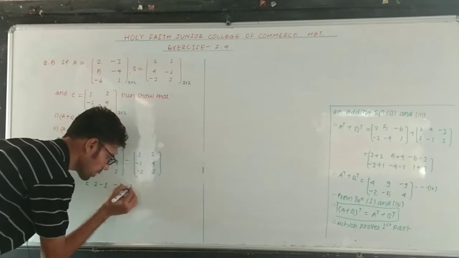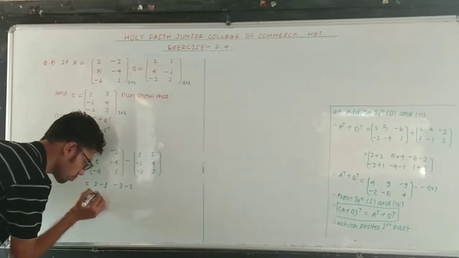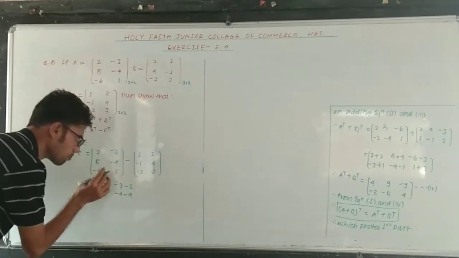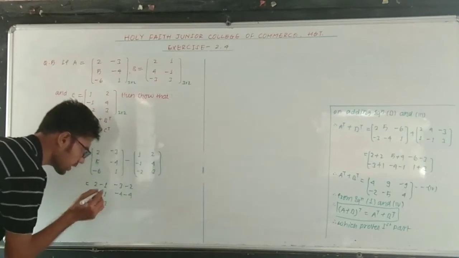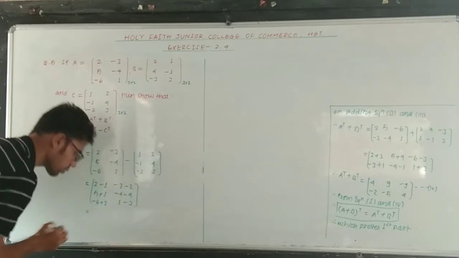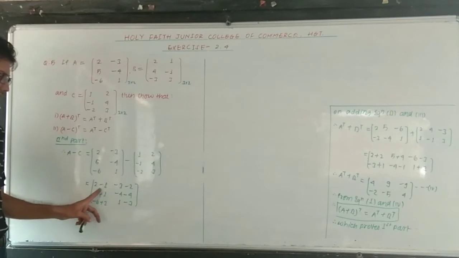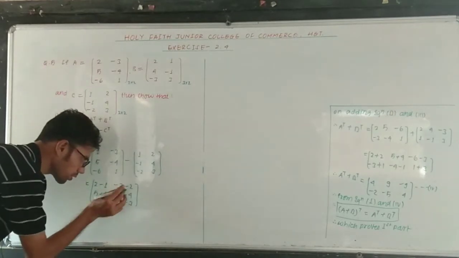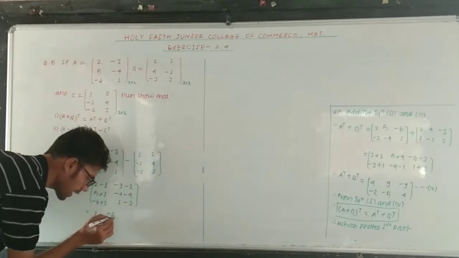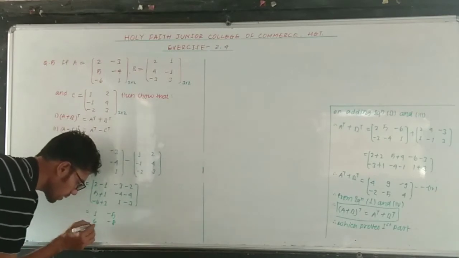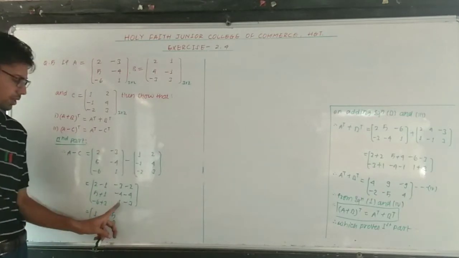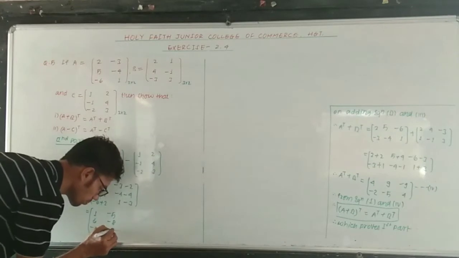minus 3 minus 2, 5 minus into minus, plus 1, minus 4 minus 4, minus 6 plus 2, 1 minus 3, which is equal to 2 minus 1, it becomes 1, minus 3 minus 2, minus 5, 5 plus 1, 6, minus 4 minus 4, minus 8, minus 6 plus 2, minus 4, 1 minus 3, it becomes minus 2.